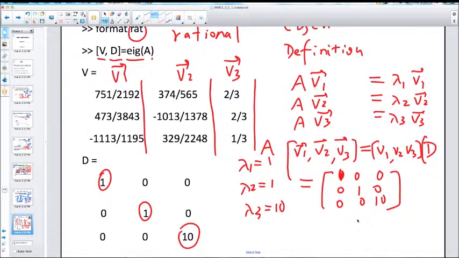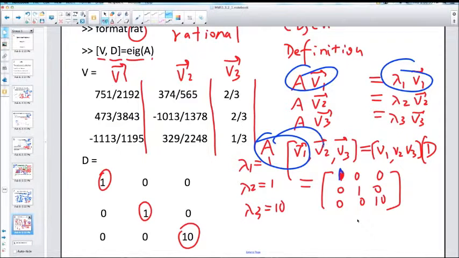I will let you go home to check the detail. This first row will equal this, the same. The second row will equal this times this. And the third column, A times this, equals this V times the 10. It's the same expression, but just putting the 3 together.